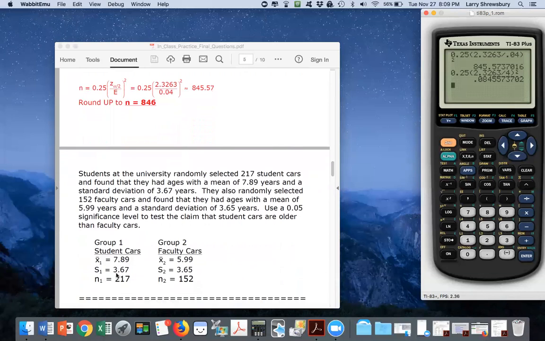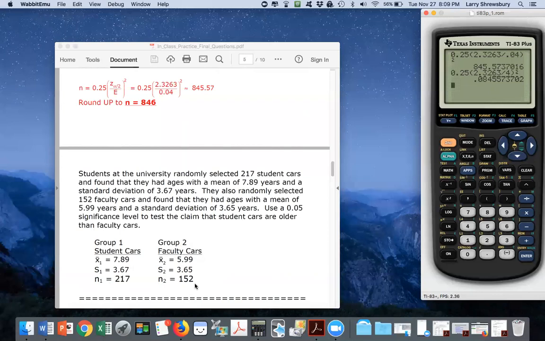They also randomly selected 152 faculty cars and found that they had ages with a mean of 5.99 years and a standard deviation of 3.65 years. And that's summarized for you over here. Use a 5% significance level to test the claim that student cars are older than faculty cars.